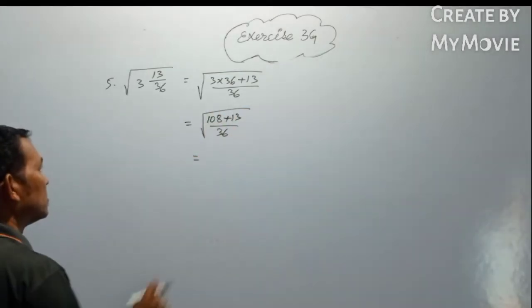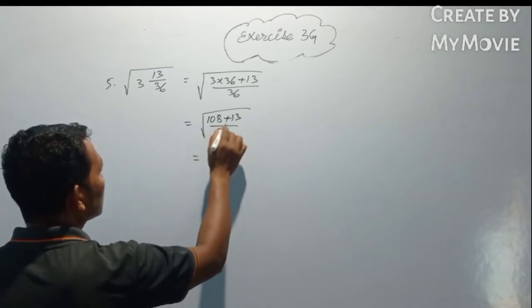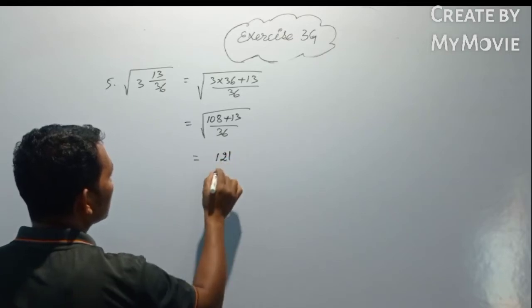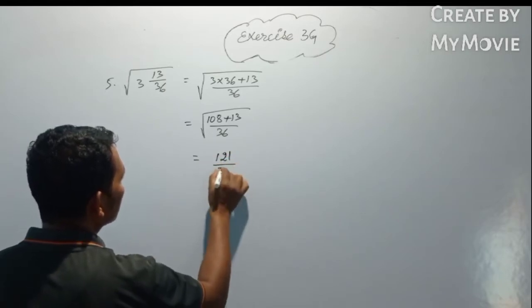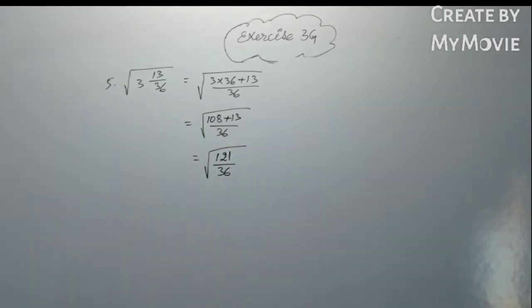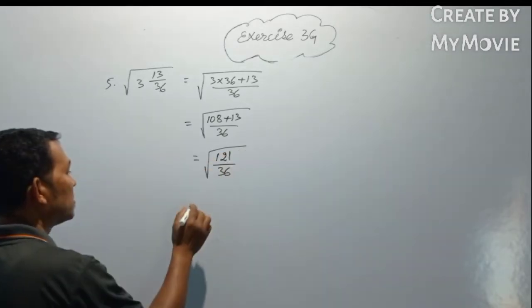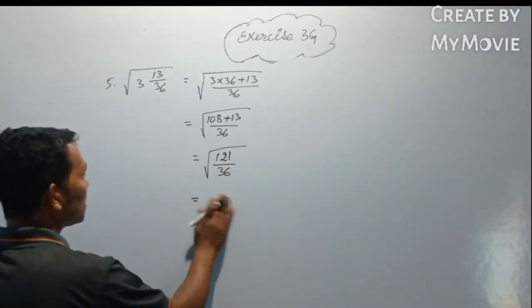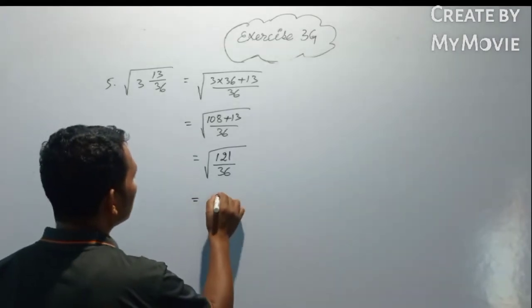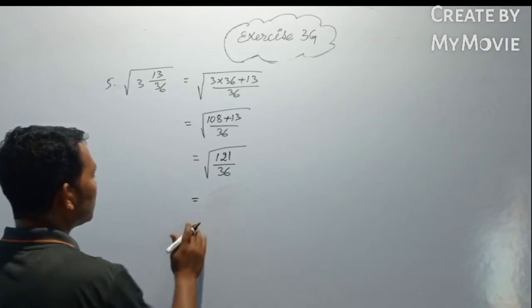This is equal to 121 upon 36. We have already found out the square root of 121. Square root of 121 is equal to 11, and you know, first let us apply the formula.